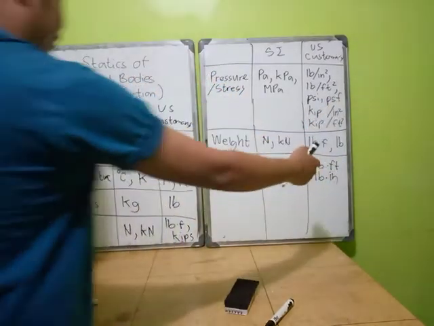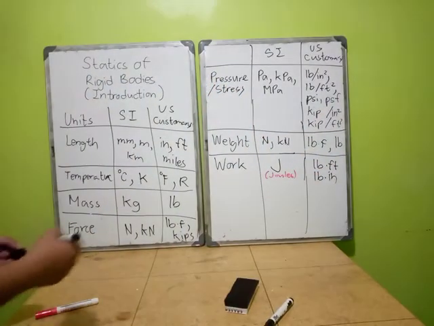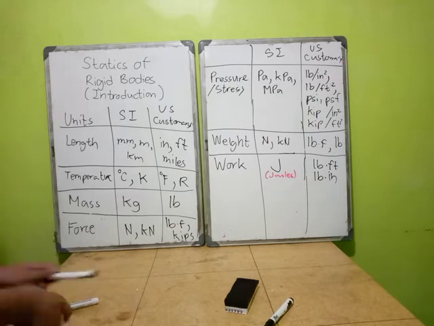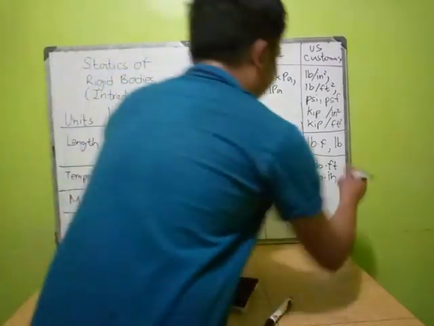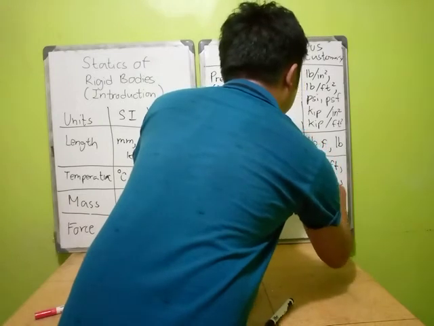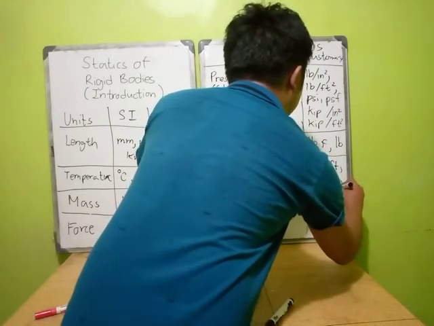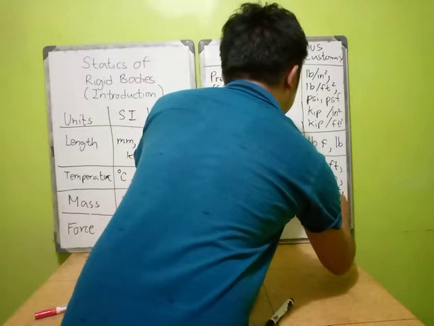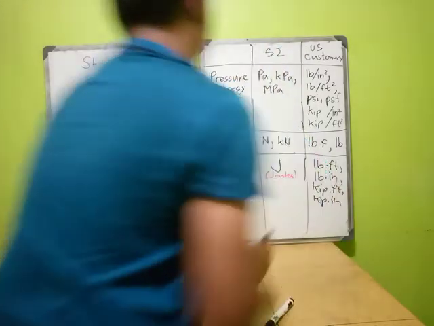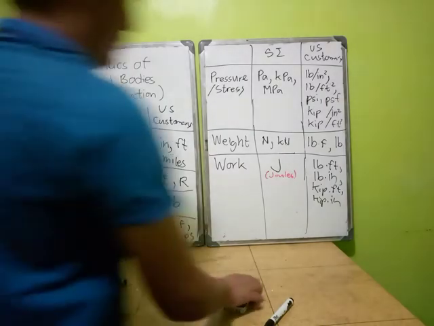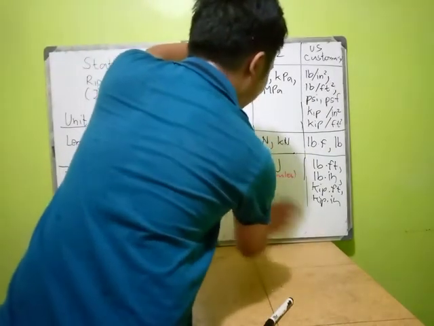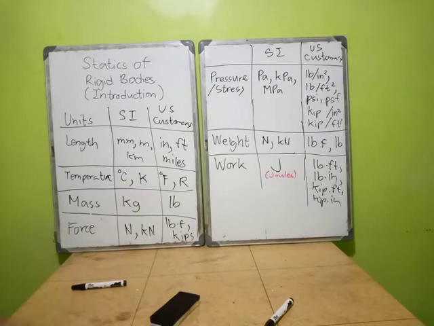Or pound, foot, and pound, inch. Okay? So, please remember, okay? Pwede rin siyang libra foot, libra inch, keep foot, keep inch. Yan. Okay? So, please do remember the units. Okay?